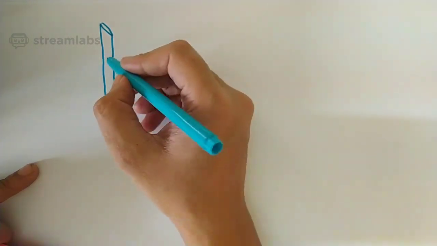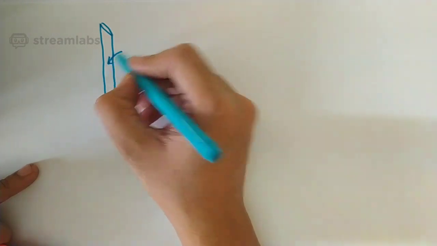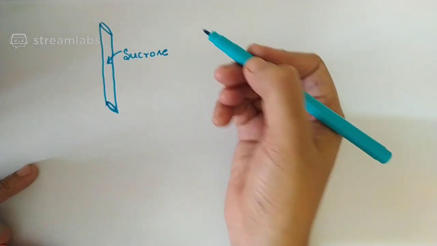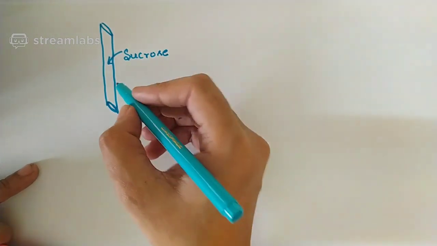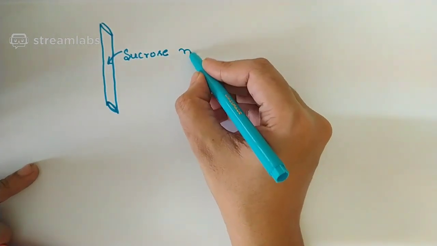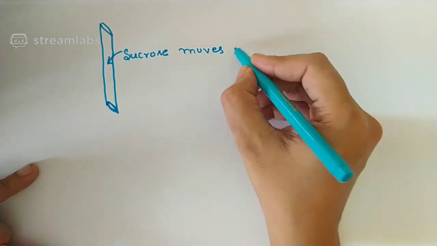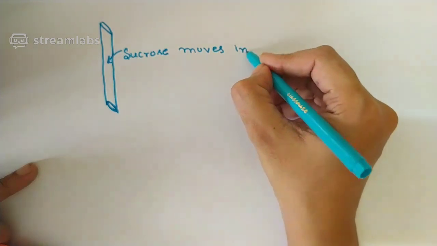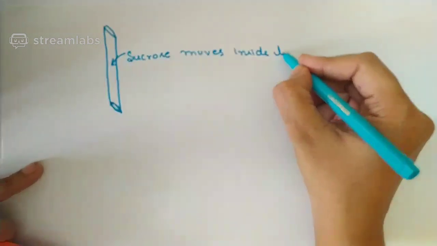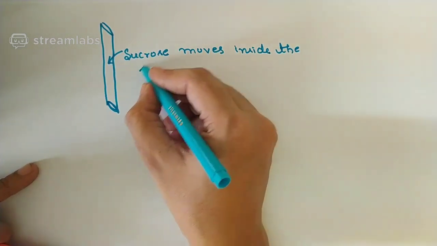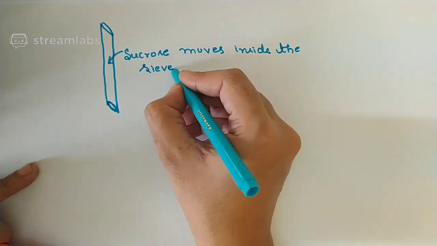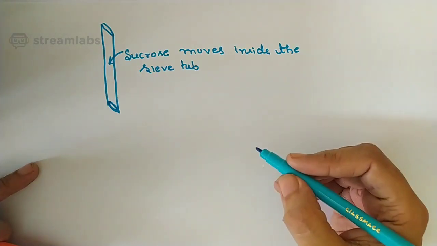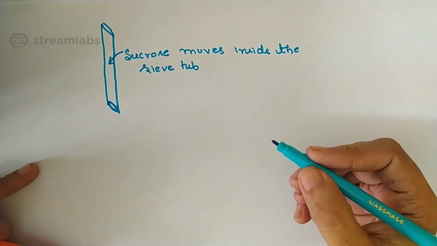Now, the sucrose moves inside the sieve tube. Okay, sucrose moves inside the sieve tube.